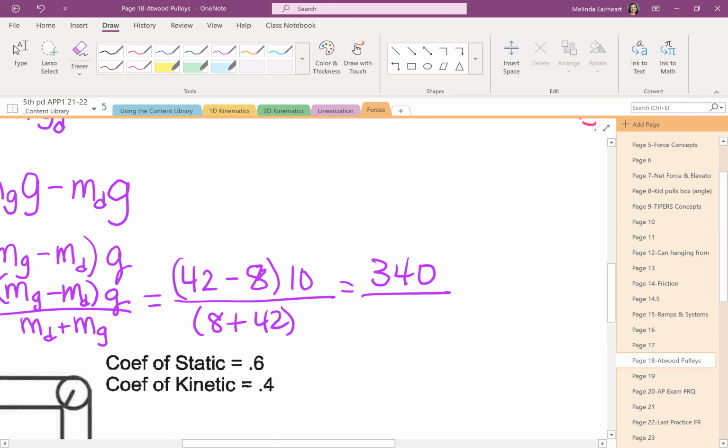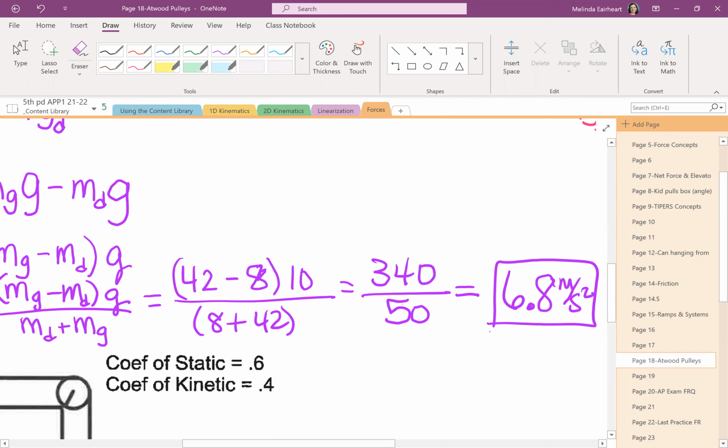And then the sum of 8 and 42 is 50. So someone get a calculator. Let me know. 6.8 meters per second squared.